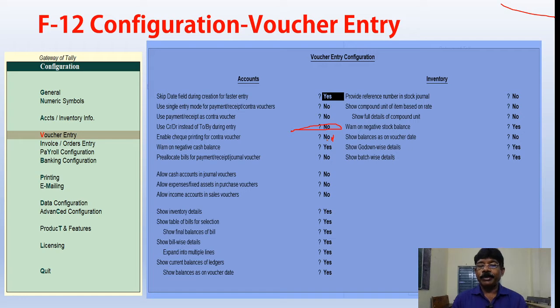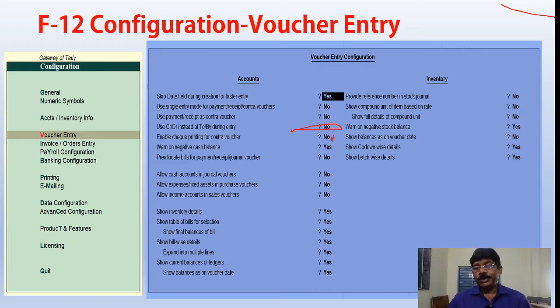Reallocate bills for payment, receipt, or journal voucher. We purchased goods and there is a time period, say 15 days. After 15 days, the amount is automatically generated to be paid, and we can do it like this, reallocate payment. And allow cash accounts in journals. Journal voucher is for non-cash transactions.